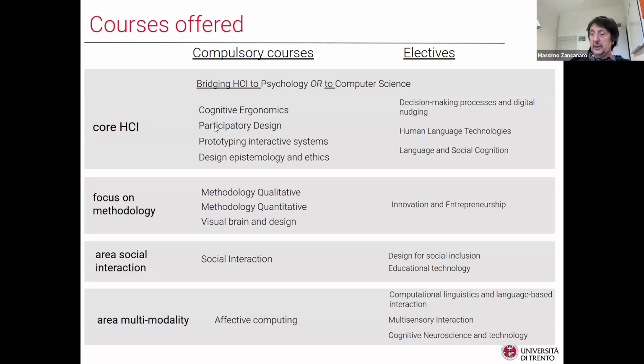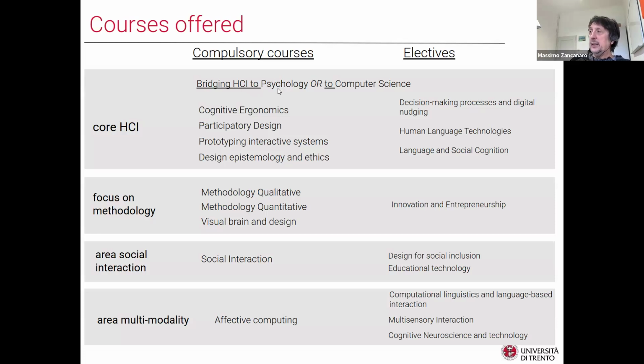So how our course is organized. We have a number of compulsory courses and a number of elective courses, as in all the other masters. In particular, we have a number of core human-computer interaction courses. At the beginning, you will be required to choose between bridging HCI to psychology, if you come from a technical background, and bridging HCI to computer science, if you're coming from psychology or sociology or other backgrounds.